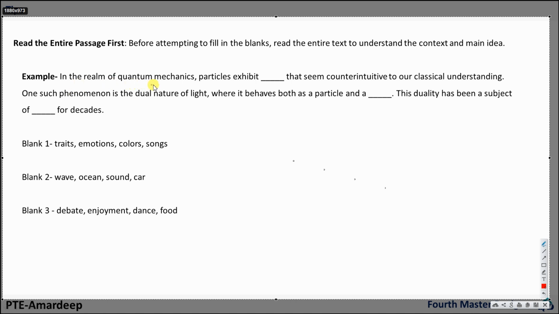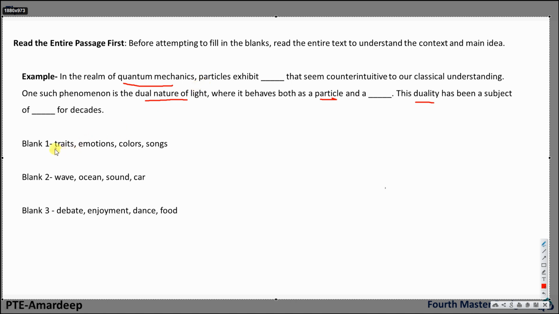In the realm of quantum mechanics, particles exhibit dash that seem counterintuitive to our classical understanding. One such phenomenon is the dual nature of light, where it behaves both as a particle and as a dash. Now they're talking about light here. This duality has been a subject of dash for decades. Now, particles exhibit what?